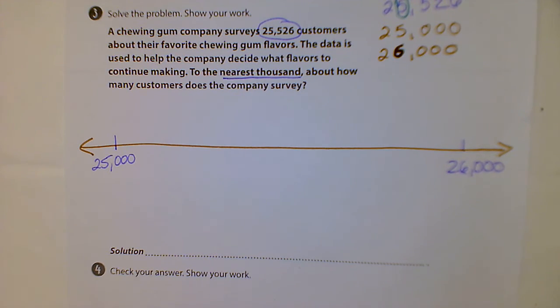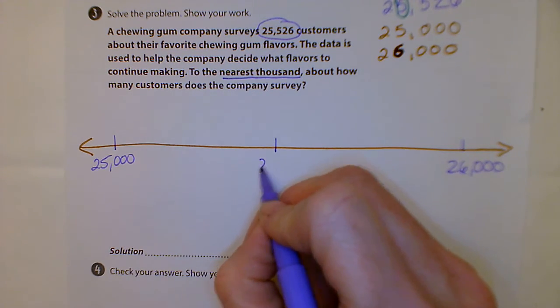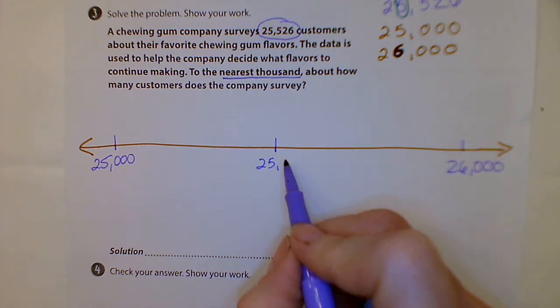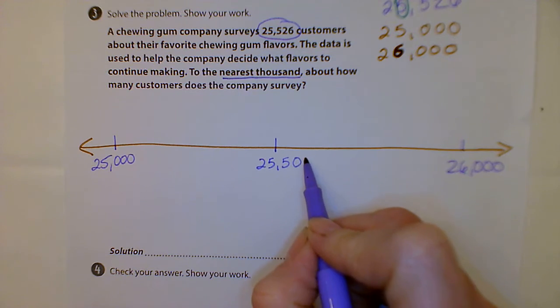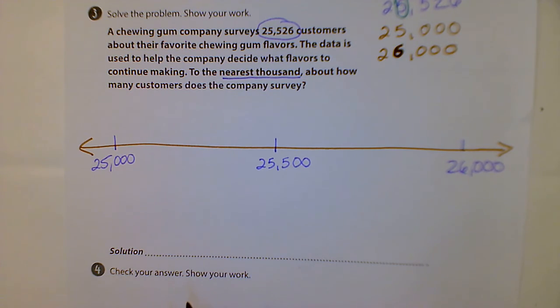Now, what is going to be my midpoint? Do you guys remember? Right in the middle. I'm going to keep my 25,000, but to get halfway, remember we put a 5 in the next place value position, because 500 is half of 1,000. Now I need to fill in. You have to put 4 marks in between each.